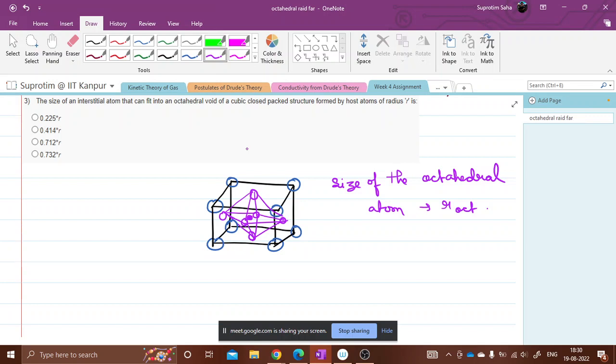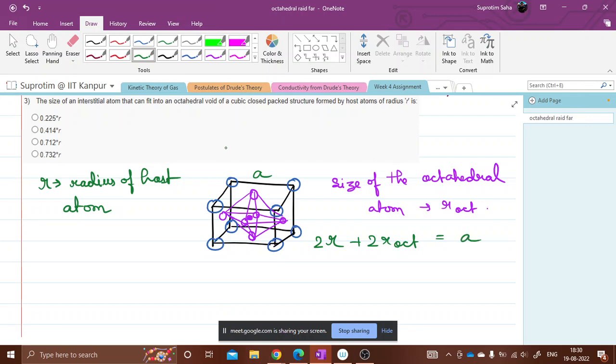This distance is your A, because it is a simple cubic structure with side A. 2R, where R is the radius of the host atom, plus 2R oct is your A.